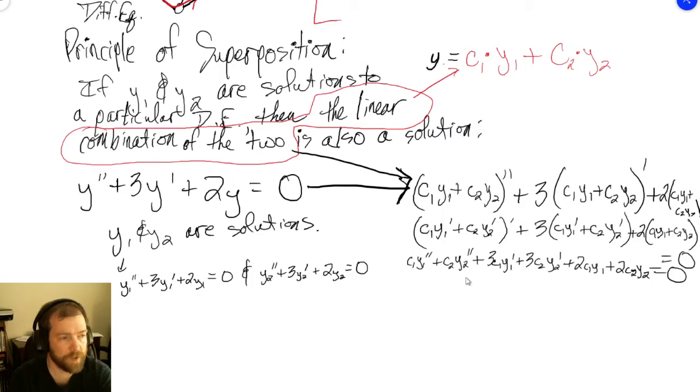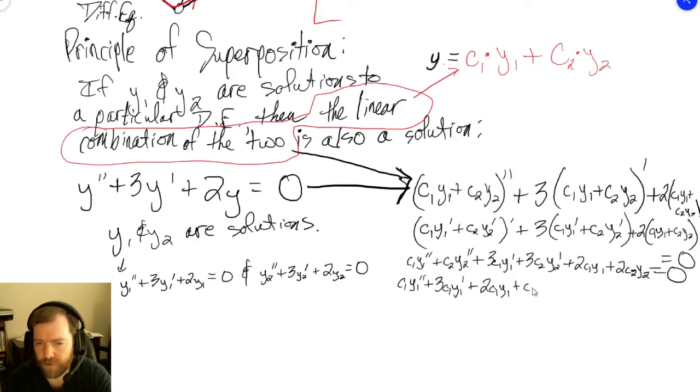And then we could just rearrange this stuff. So now c1y1 double prime plus 3c1y1 prime plus 2c1y1 plus c2y2 double prime plus 3c2y2 prime plus 2c2y2 equals 0.